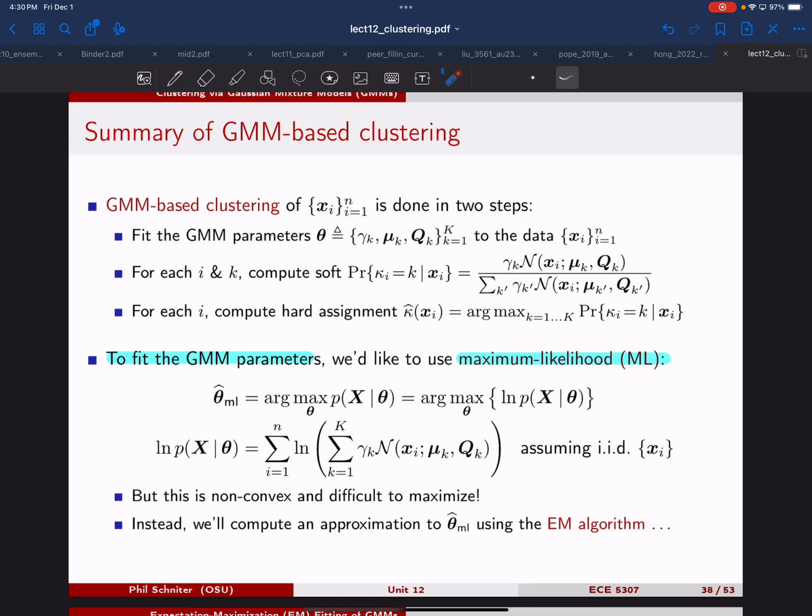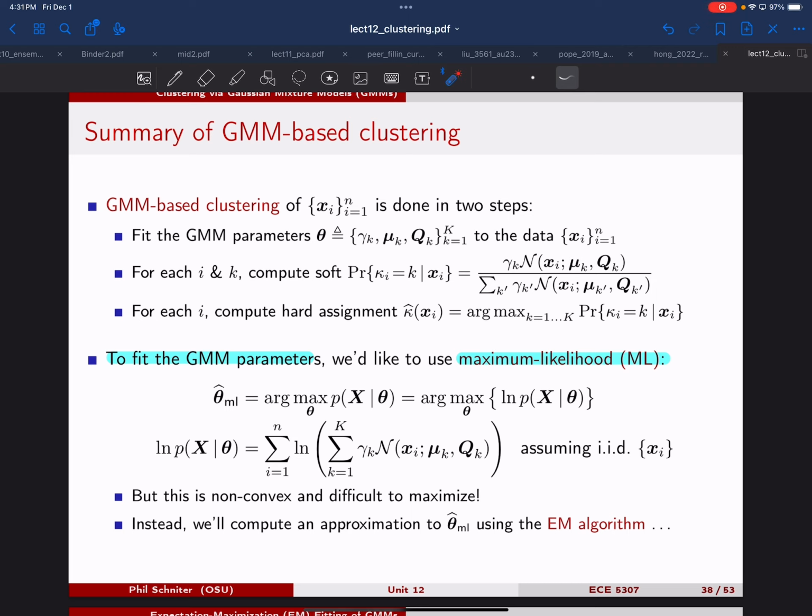But what's tricky is that the log of this Gaussian mixture model is really intractable. We can't simplify it. If we didn't have the sum, then the log of a single Gaussian is easy, right? That's just because a single Gaussian is just a constant times e to the power of a quadratic in x. But once you have a sum of Gaussians, the log of that is no longer easy.